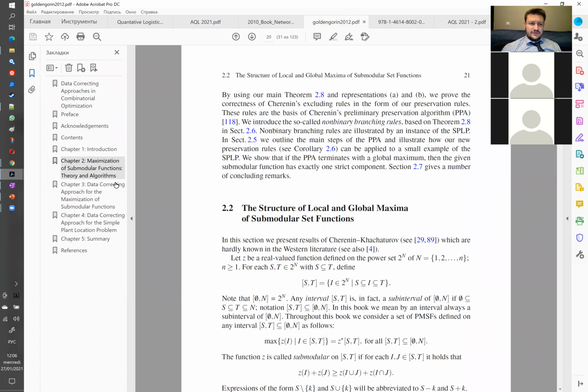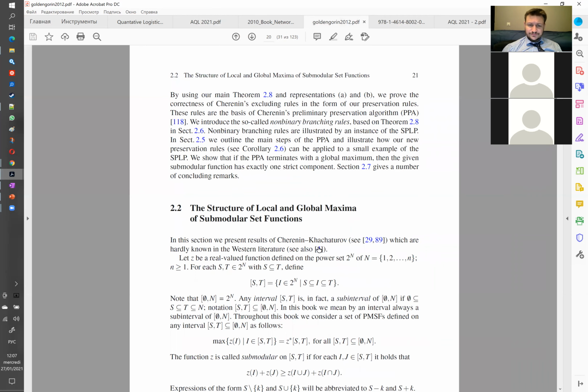But for us, it is interesting that we have a structure of local and global maxima of submodular set functions, as we have found that there are such submodular set functions for some logistics problems. So now we can use it. If we prove some theorems here, we can use them in solving our large problem.